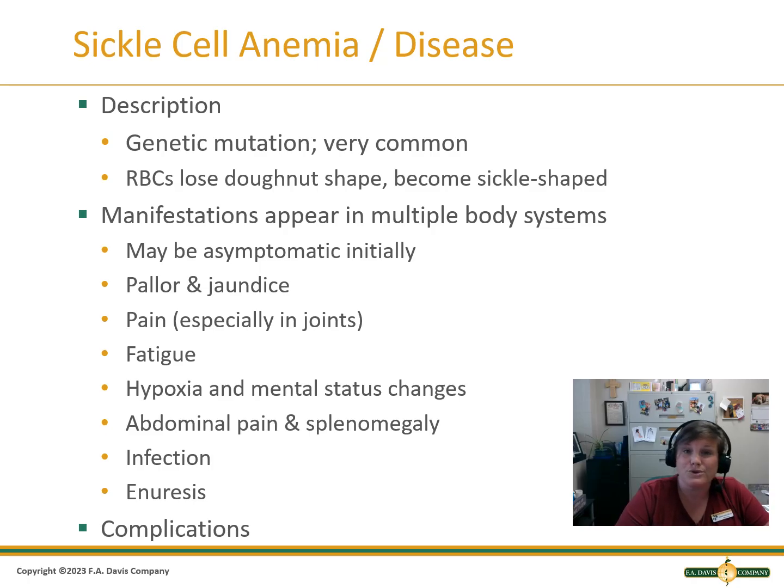These individuals are more likely to experience infections. They're typically more compromised because of the impact this disorder has on the spleen, and the spleen is one of your organs meant to protect you from illness. And then they can also have enuresis as well. Some patients are pretty asymptomatic initially.